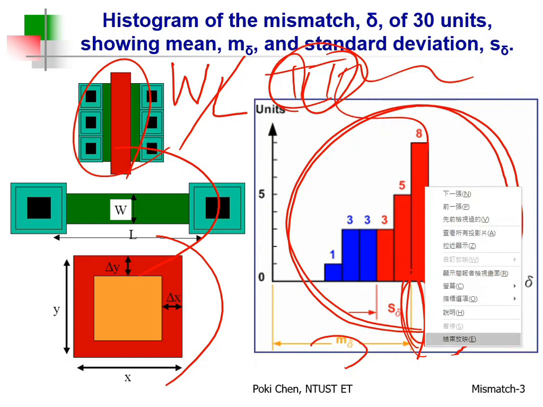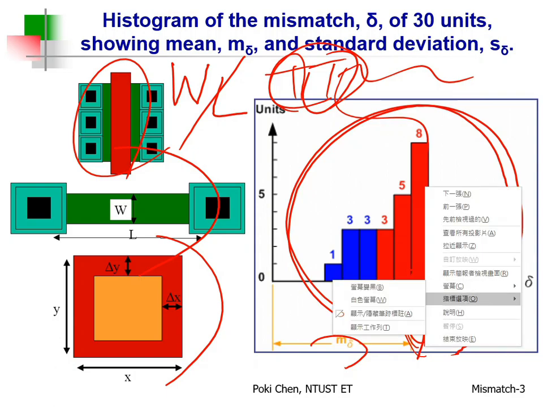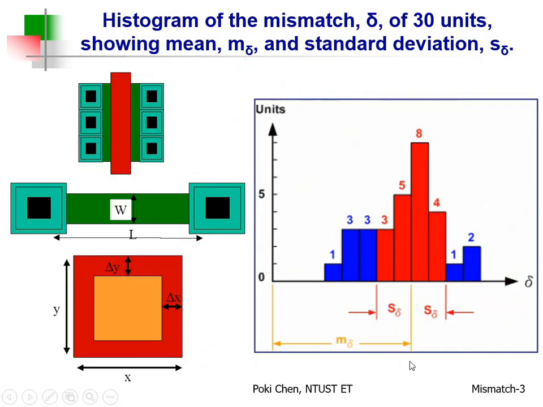Got it? If NMOS and PMOS, according to their operation speed, their performance, if they both are ideal, I mean the average values are ideal, then congratulations, you are here. The mean value is typical. That is the ideal case.